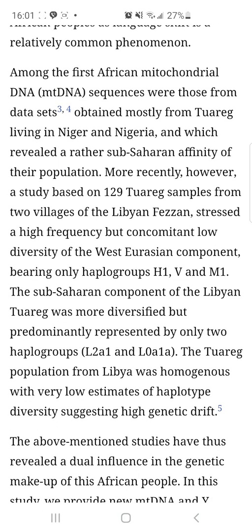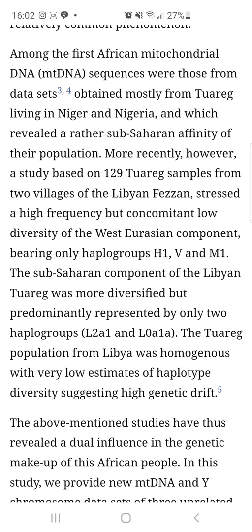It says, among the first African mitochondrial DNA sequences were those from a data set obtained mostly from Tuareg living in Niger and Nigeria, which revealed the rather sub-Saharan affinity of their population. Most recently, however, a study based on 129 Tuareg samples from two villages. So basically you can read all that, but you see, bearing only haplogroup H1. So boom, I found that H1 was connected to the Amazigh and Tuareg people.